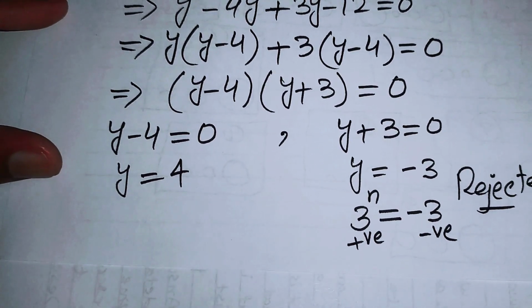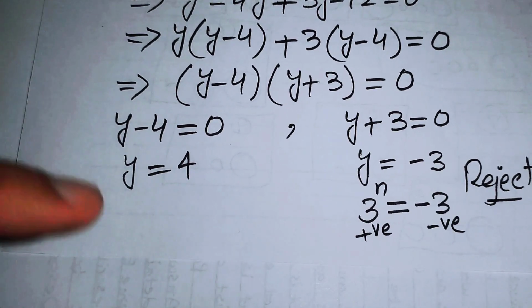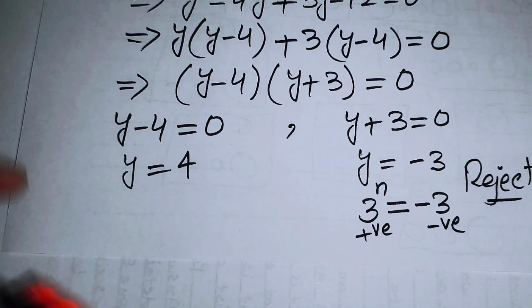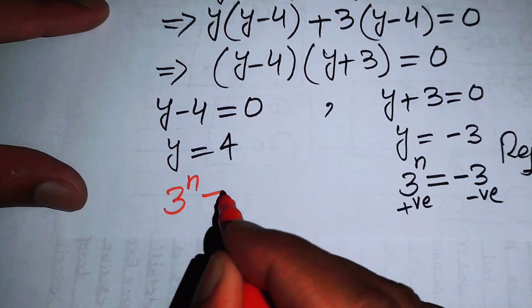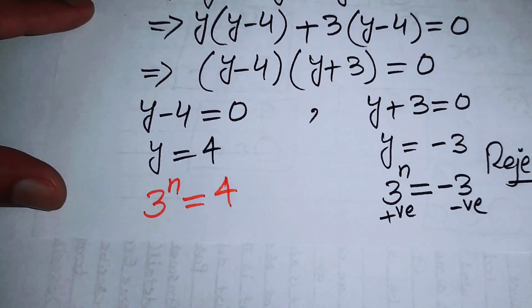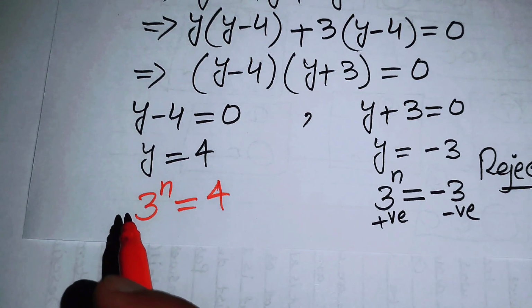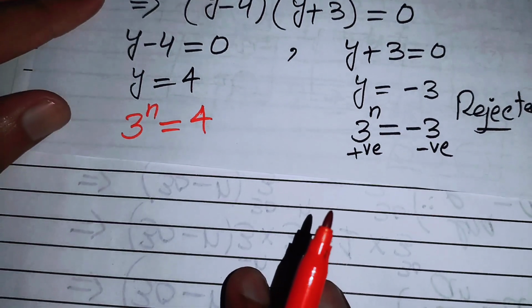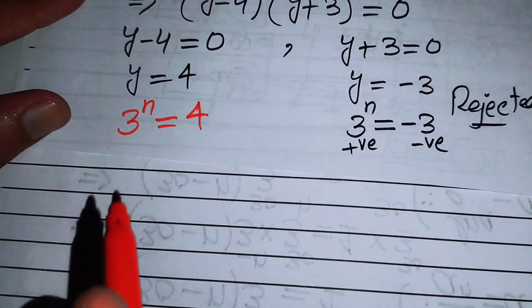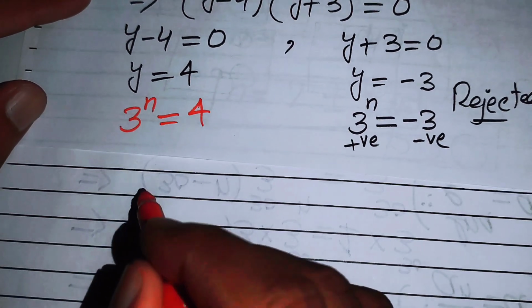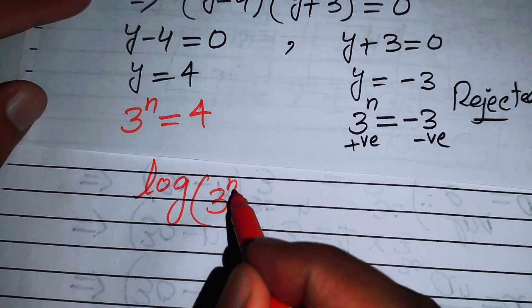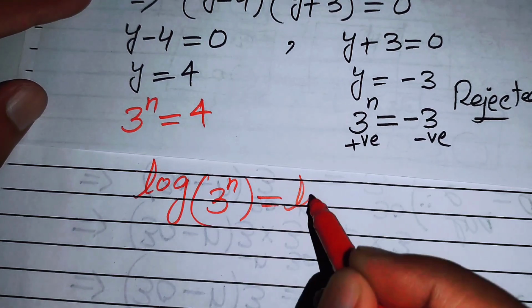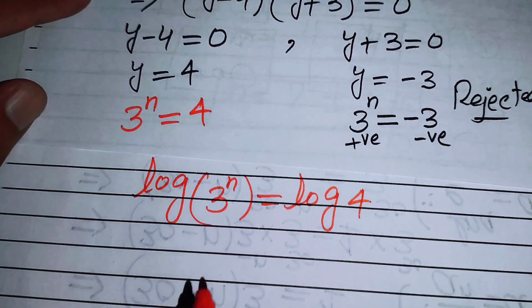So here we will back substitute the value of y, and you see here 3 to the power of n is equal to 4. So here we find the value of n. In order to find the value of n, we will take the log on both sides of this equation, and we will get log of 3 to the power of n is equal to log 4.